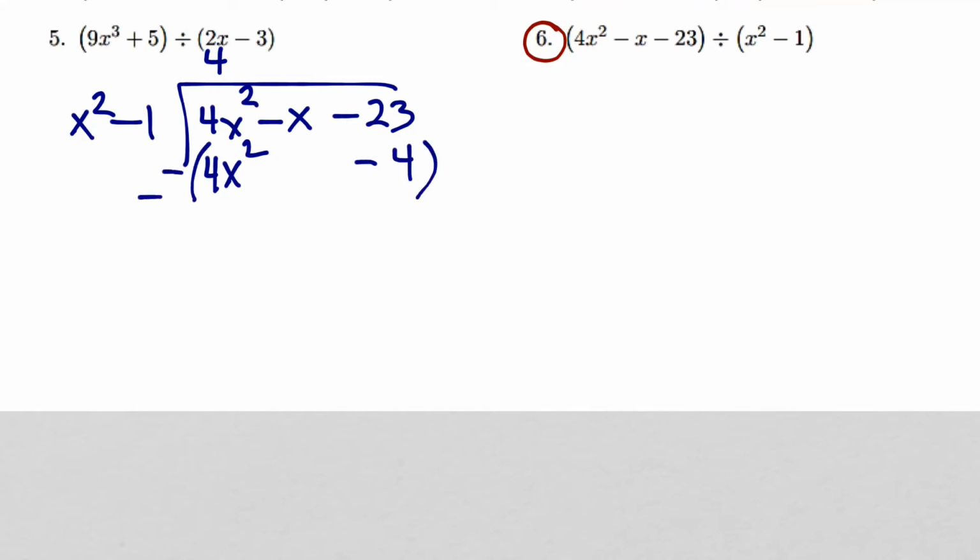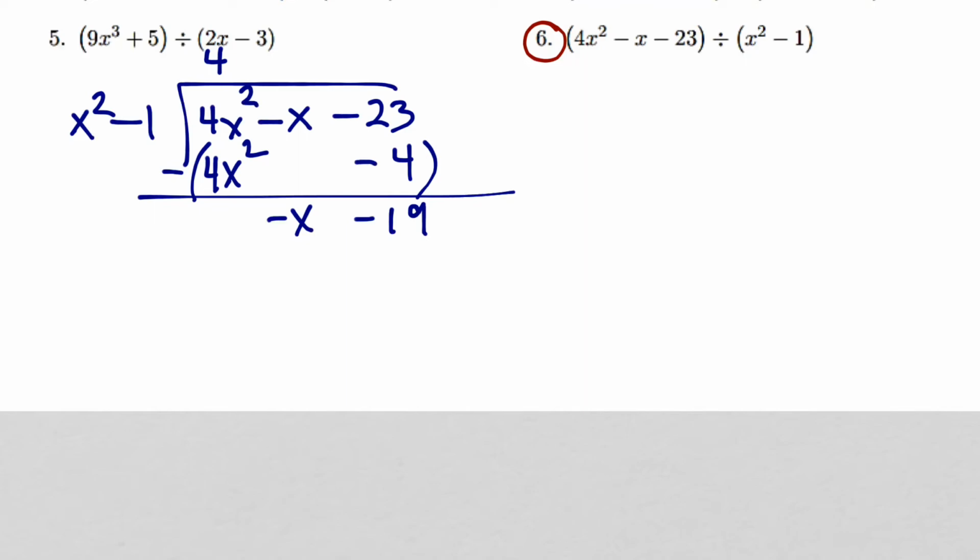Now I'm subtracting. So I'm going to get 0 here. Negative x minus 0 is negative x, and then I've got negative 23 plus 4, so negative 19.